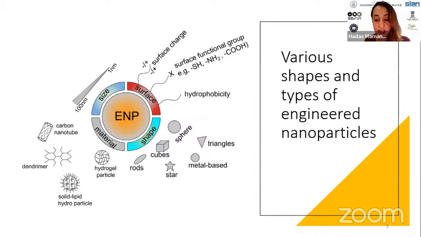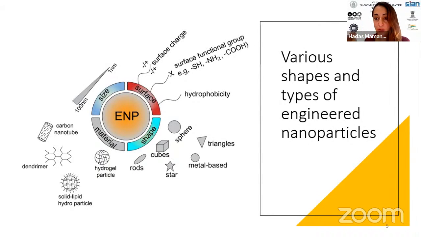These nanoparticles can only settle down if they aggregate with other particles or among themselves. And it is also known that the specific surface area increases as the particle size decreases. Okay, so this is one important feature.